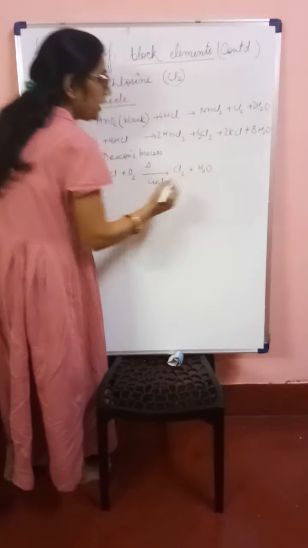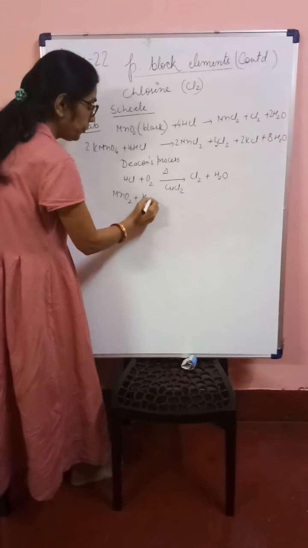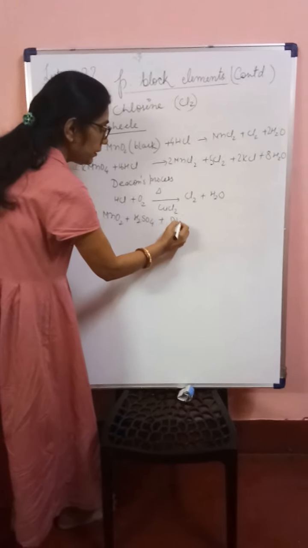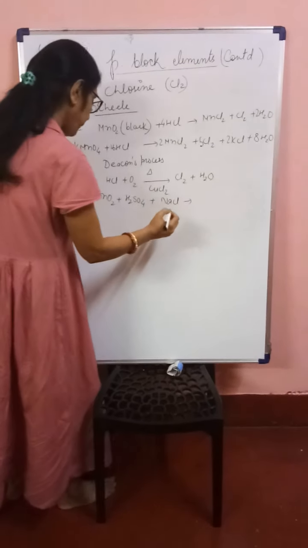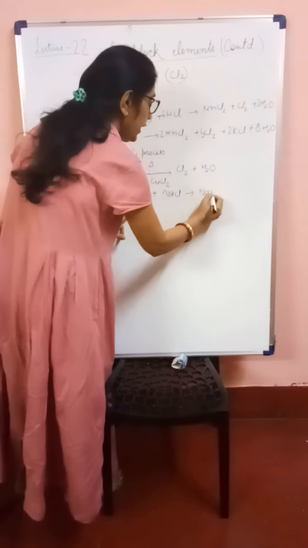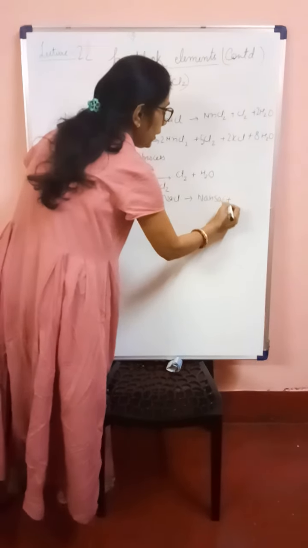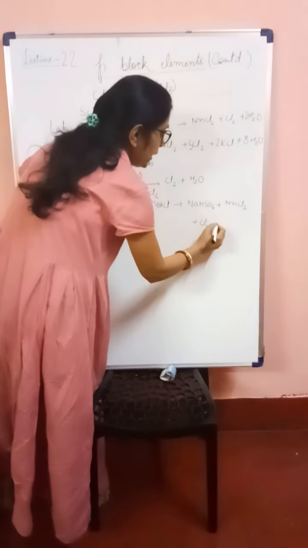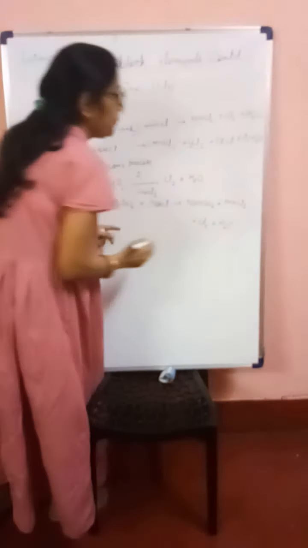Then MnO2 plus concentrated sulfuric acid plus NaCl, then we get NaHSO4 plus MnCl2 plus Cl2 plus H2O.